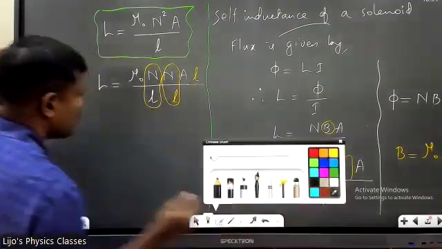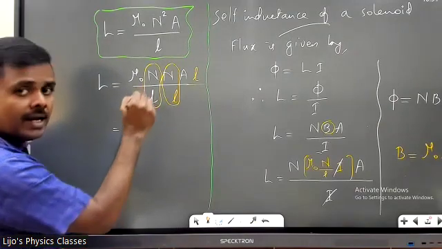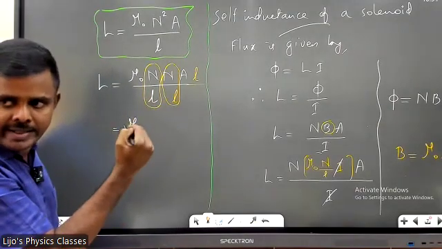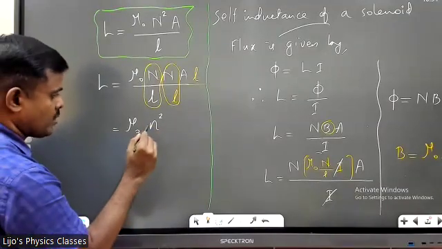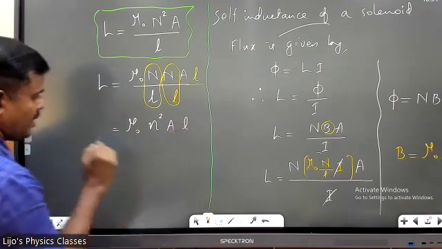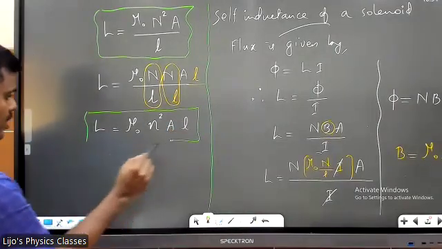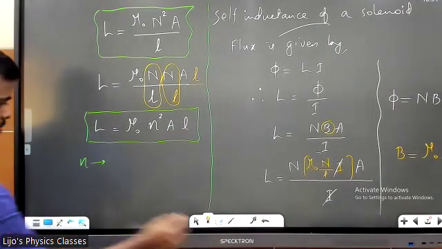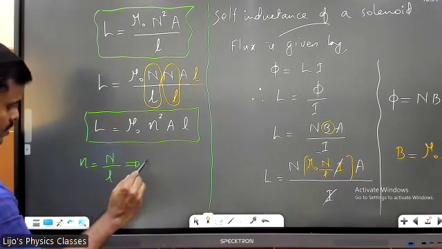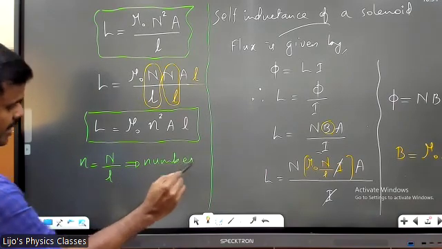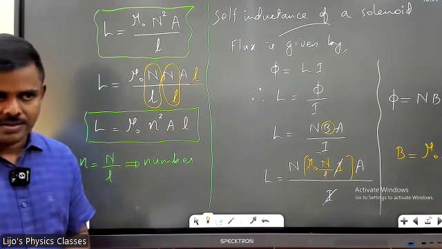What are they going to be called? Mu 0. This N by L, number of turns per length, that is called small letter n. It comes twice. So mu 0 n square A L. That also in a box. That is an alternate equation, okay? Which is needed for solving numericals. You can't use the other one for solving, because in numericals, whenever they give, they'll give in terms of small n only. So you'll have to use it. Understood?